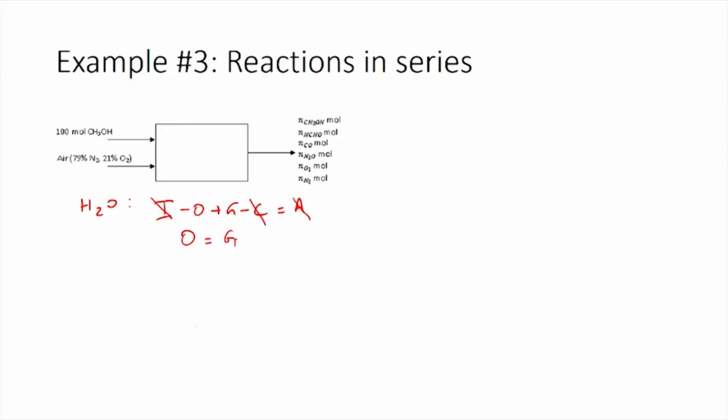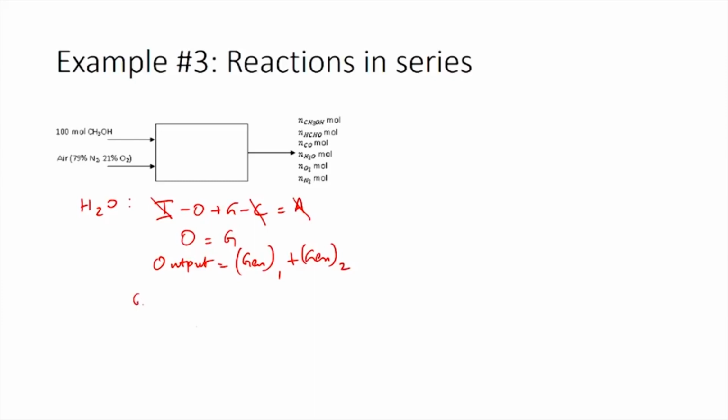However, water is generated by both the reactions, reactions 1 and reaction 2. So, for this reason the output for water would be equal to generation of water in reaction 1 plus generation of water in reaction 2.